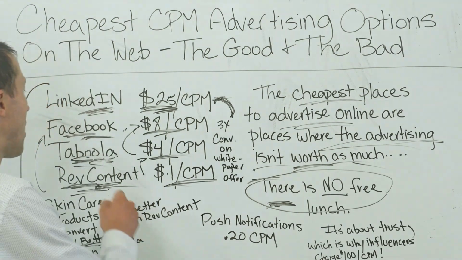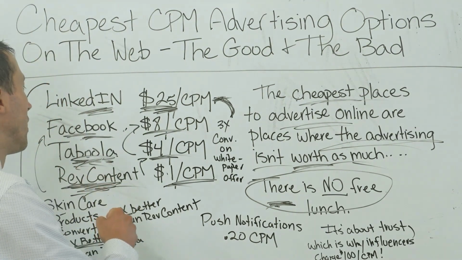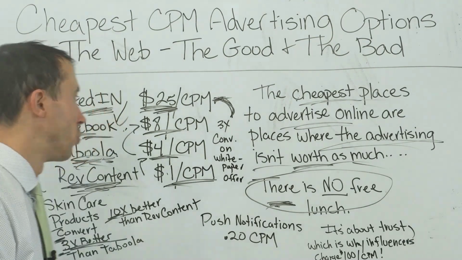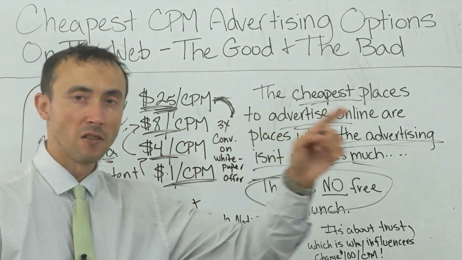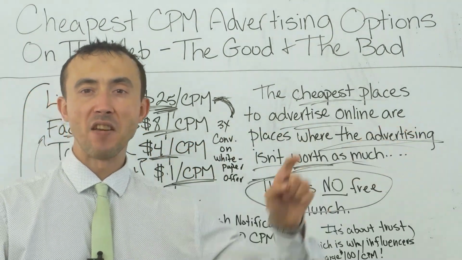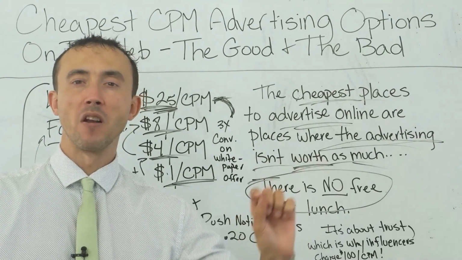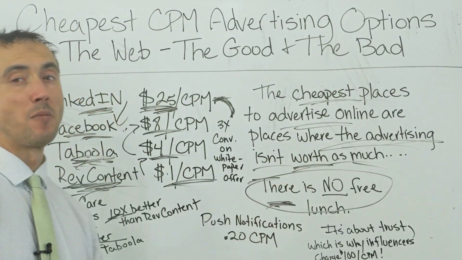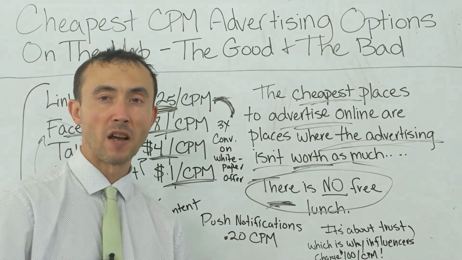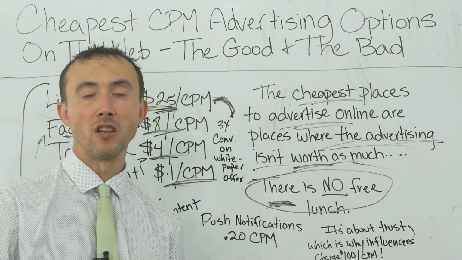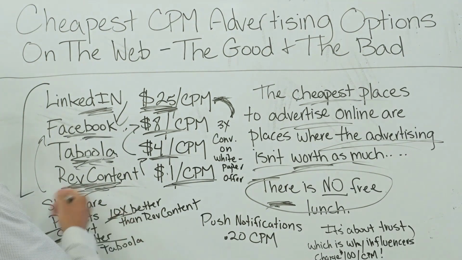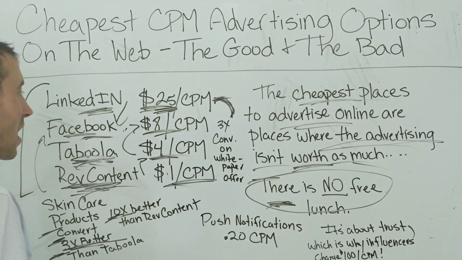So we actually had a lower ROI on Taboola and RevContent than we had on Facebook, even though cost per eyeball is way more expensive, because of the credibility we had from having that ad run on Facebook versus running next to a bunch of other sketchy ads on random blogs, which a lot of times also have bot traffic, which also affects the conversion rate and therefore what they can charge per eyeball on these websites. So that gives you a perfect example of how cheaper is not always better.